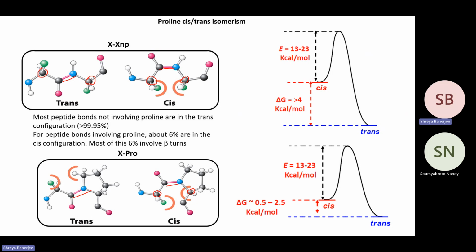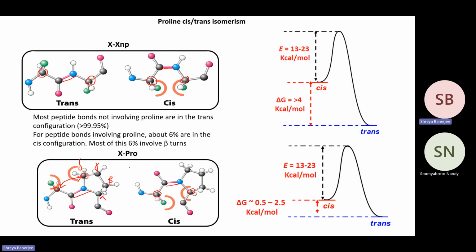Because proline is a cyclic structure, this is C alpha of proline, C beta, gamma, and delta. So the C delta of proline comes close to the C alpha of the other amino acid, and so there is a steric repulsion between these two.